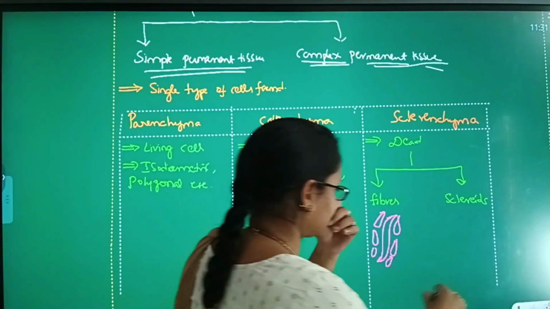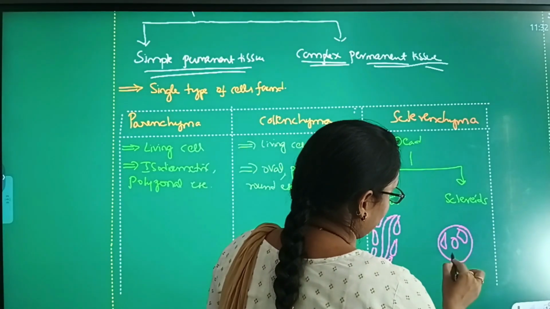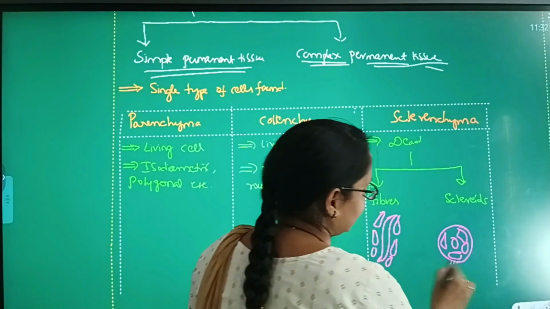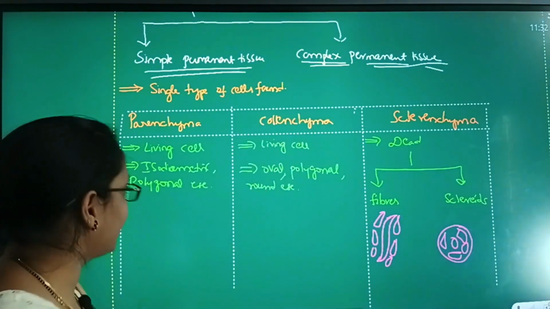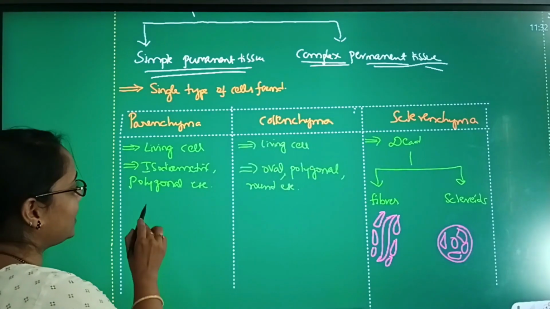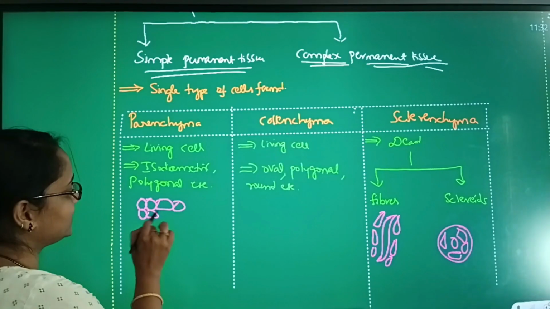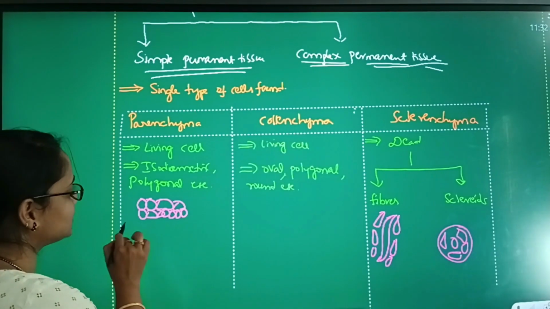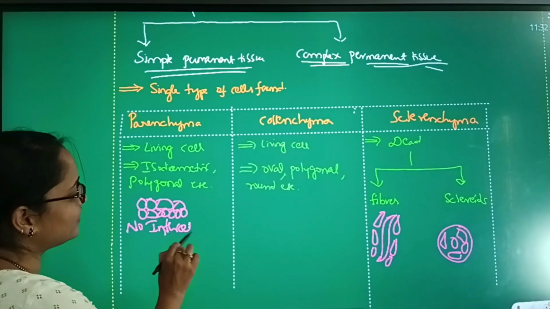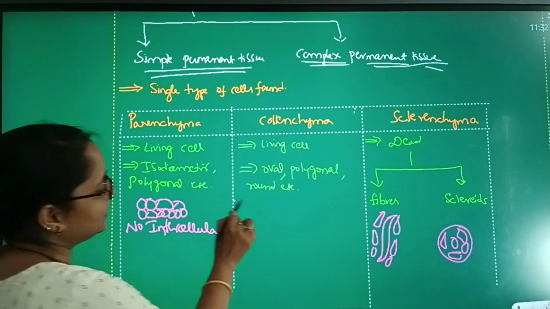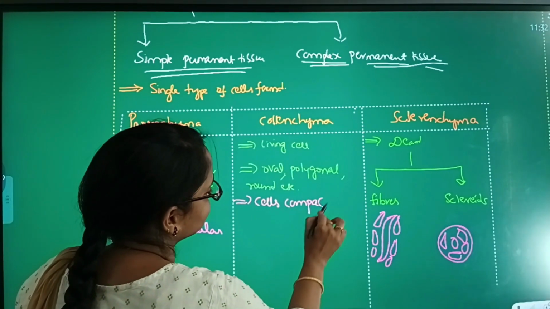In sclereids, a broad lumen can be seen and thick walls surround the cells. Coming back to parenchyma, the cells can be isodiametric or polygonal, and cells are continuously arranged with no intercellular spaces. If present, they are very negligible. Here also cells are compactly arranged without any intercellular spaces.